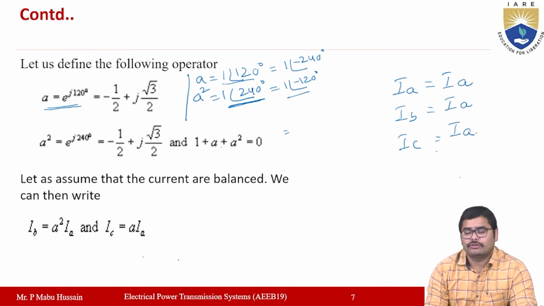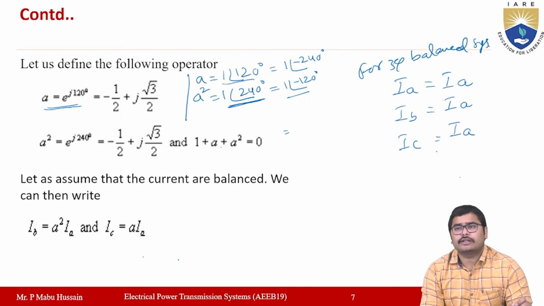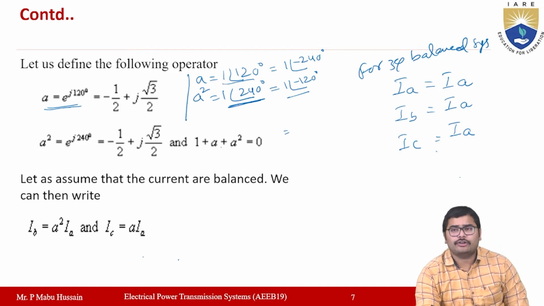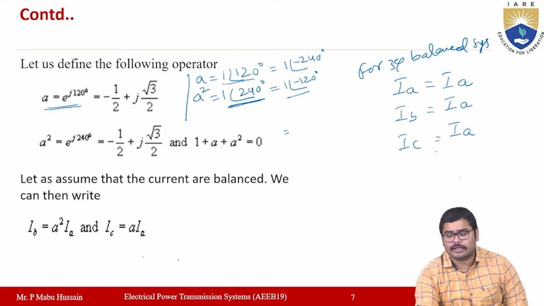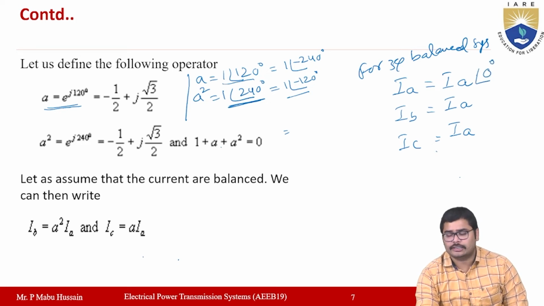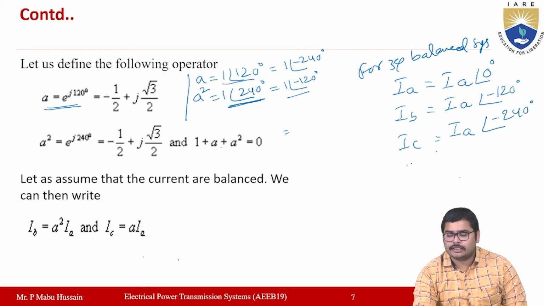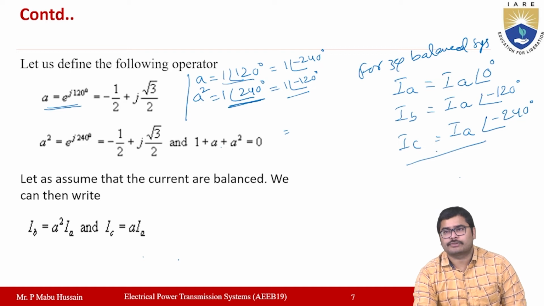So we consider the magnitude to be IA for all. Now for the angles, if IA is at 0 degrees, then IB will be at minus 120 degrees and IC will be at minus 240 degrees. This is the representation of a 3-phase balanced system.